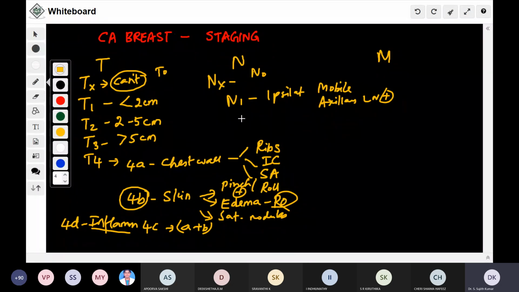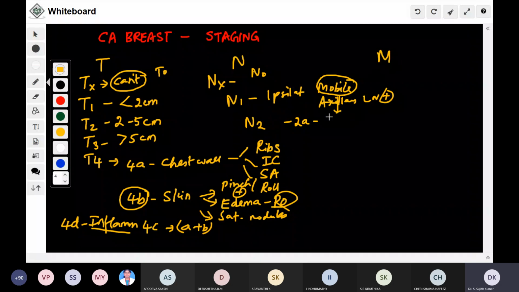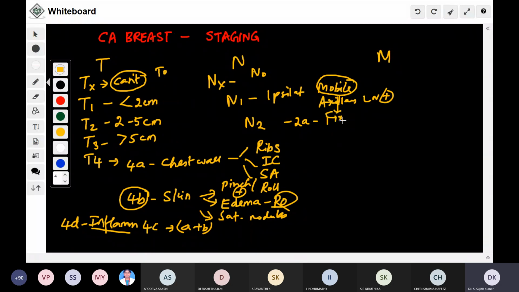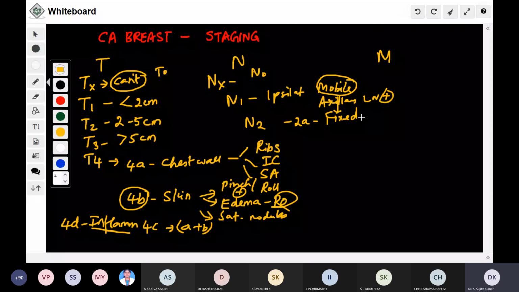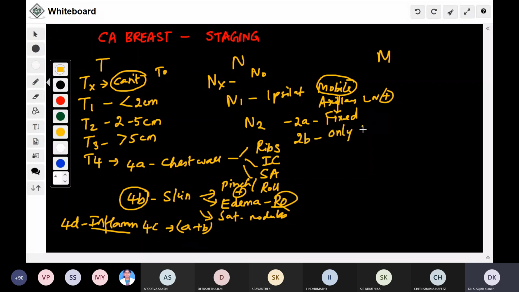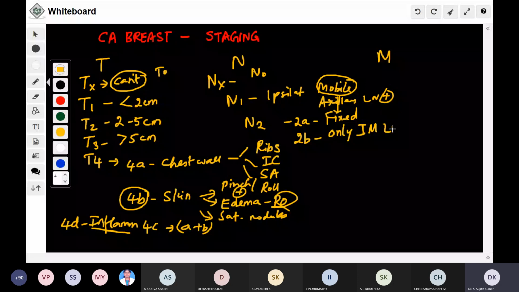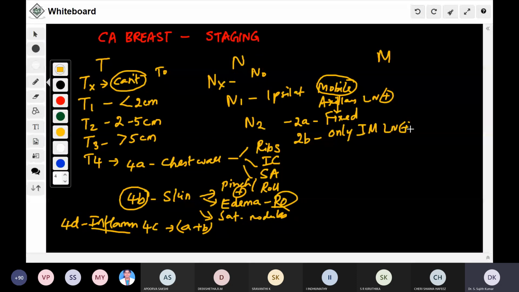Then next one is N2. N2 again has two things. One is 2A, which is these axillary lymph nodes being fixed in nature. And 2B is only internal mammary lymph node involvement, with no axillary lymph node involvement.